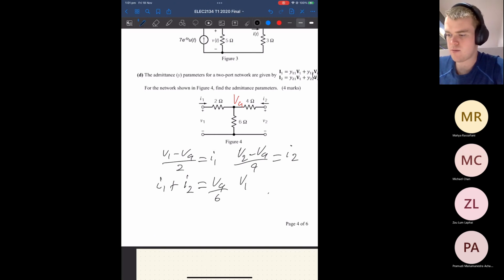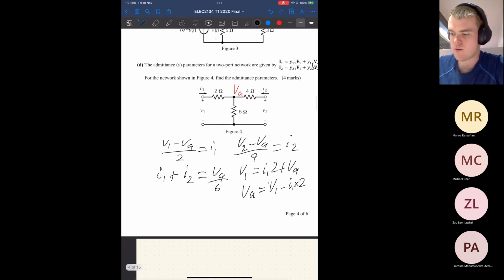And we know that V1 is equal to I1 times 2 plus VA. Therefore, VA is equal to V1 minus I1 times 2. Essentially we are looking for I1, which is equal to (V1 minus VA) on 2.